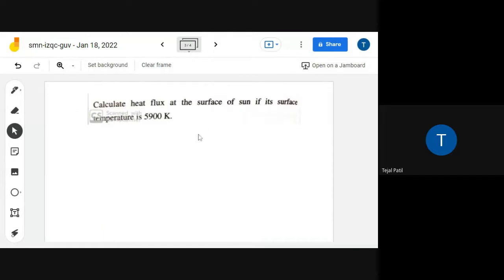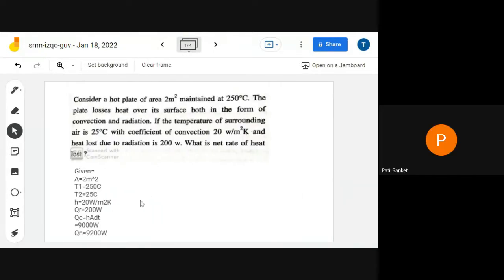This is the simplest one. QN means net heat lost. Here you can see heat loss is by convection as well as radiation.